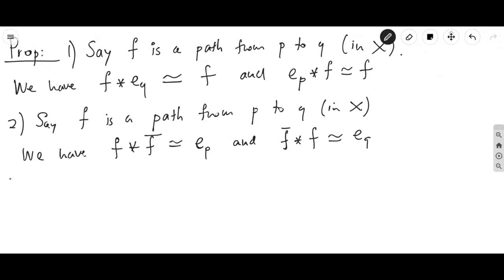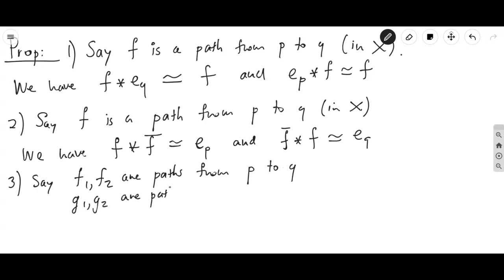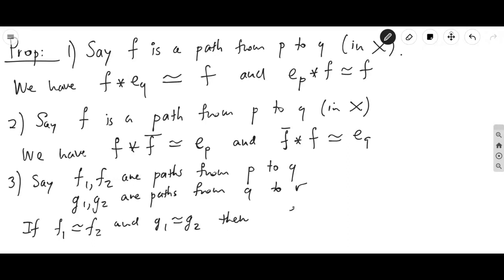So the next thing that I want to say is, say that F1 and F2 are paths from P to Q, and G1, G2 are paths from Q to R. If F1 is path homotopic to F2, and G1 is path homotopic to G2, then F1 juxtapose G1 is going to be path homotopic with F2 juxtapose G2.